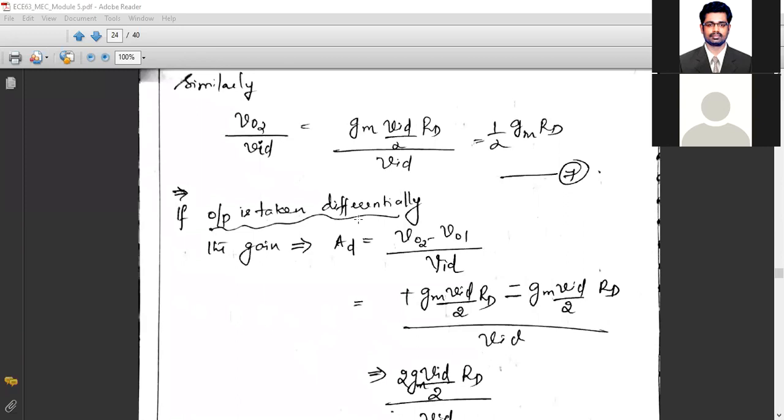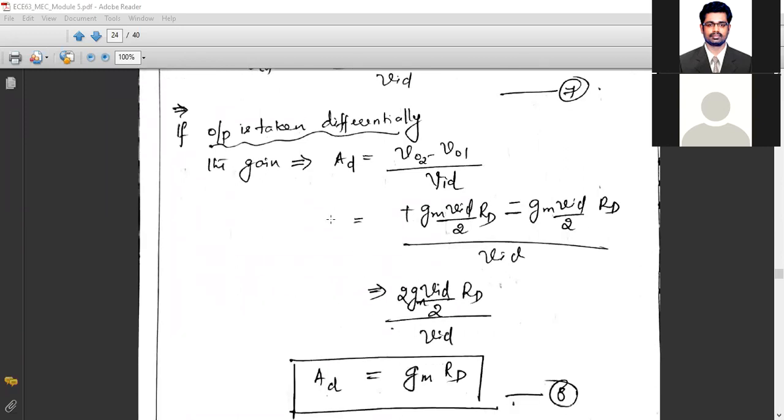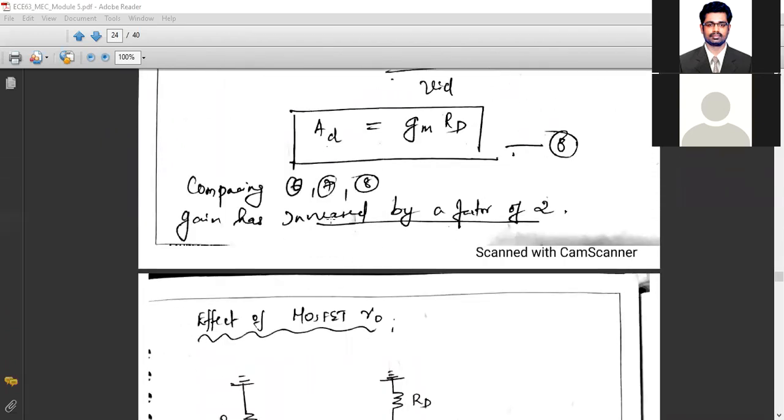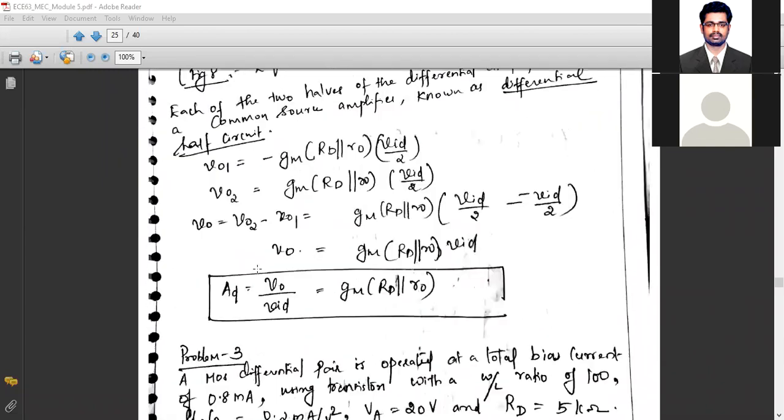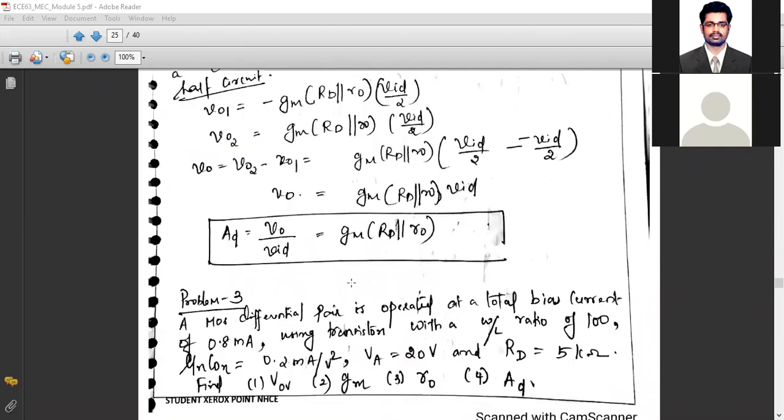So that is twice. So ideally, for any differential amplifier, you should take the double-ended output, not with respect to ground. Then we have seen the effect of small r0. If you consider the effect of r0, the overall gain has decreased. Instead of writing gm RD, now it is gm into RD parallel R0.